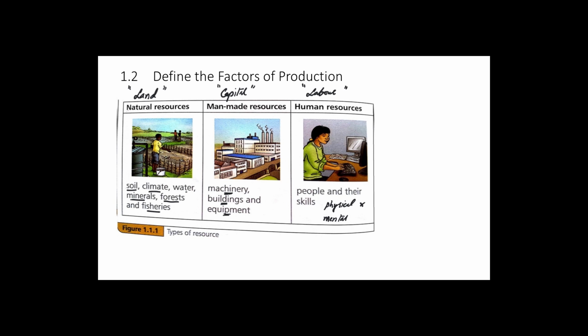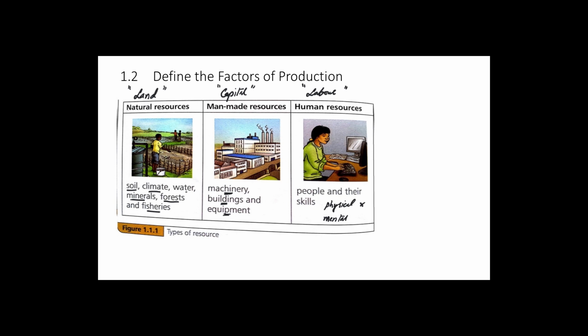When we say labor, that doesn't mean just the person who is in the factory on the floor. We don't mean that. It can be an accountant also. So their mental ability comes into play as well.